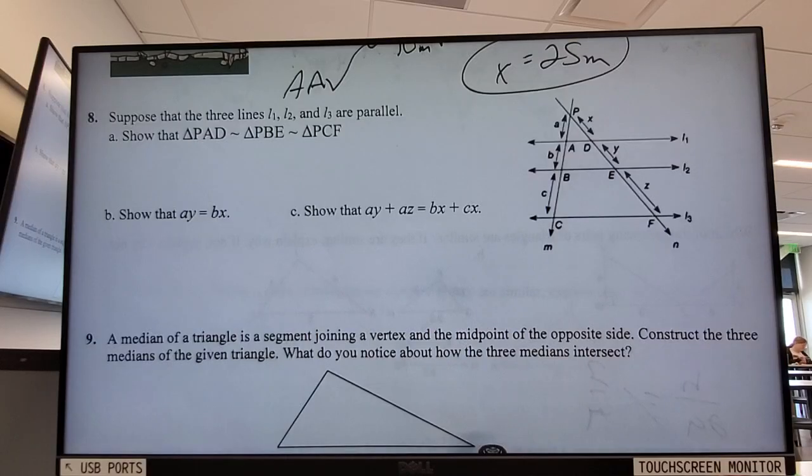Transversal, parallel lines, go, yes? Okay, if you remember the word, you just gotta say that word, and you're good. Somebody with me? So part A is pretty straightforward, since it's parallel lines, and since the transversals make the triangles, then you have angle, angle in each one of them, so they're all similar. Now, how the shit? Look at 8B.